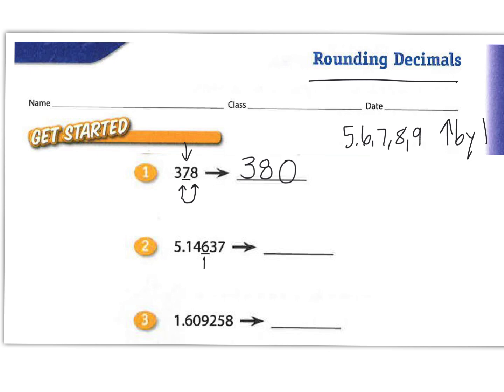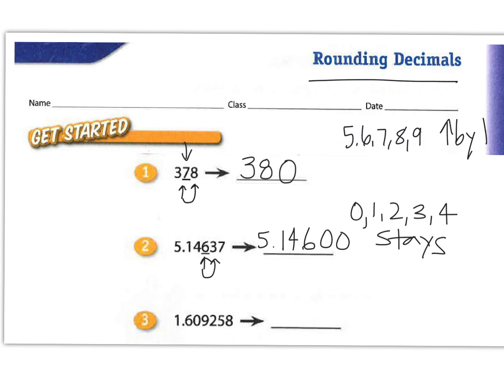This time we're going to round to the thousandths place, but we've got to look at the number behind it, which is a 3. If it is a 0, 1, 2, 3, or 4, then that number just stays. So we would say 5.14, and then the 6 stays, but then those turn to zeros behind it.